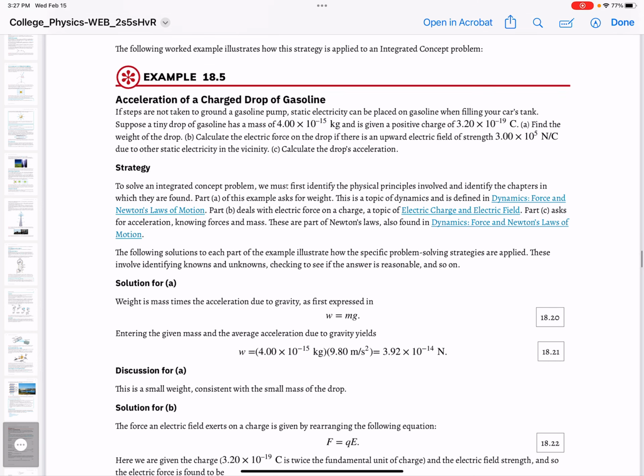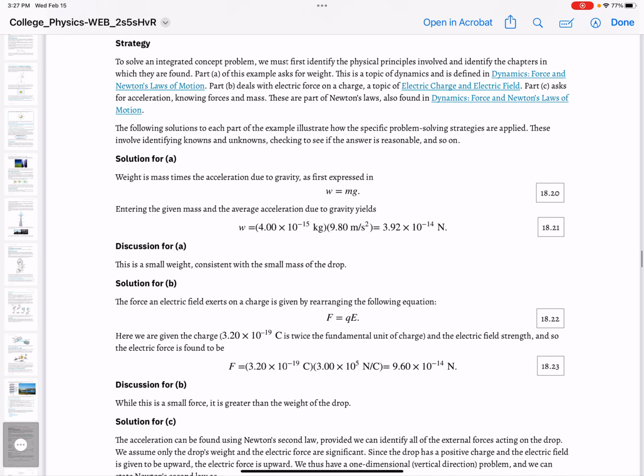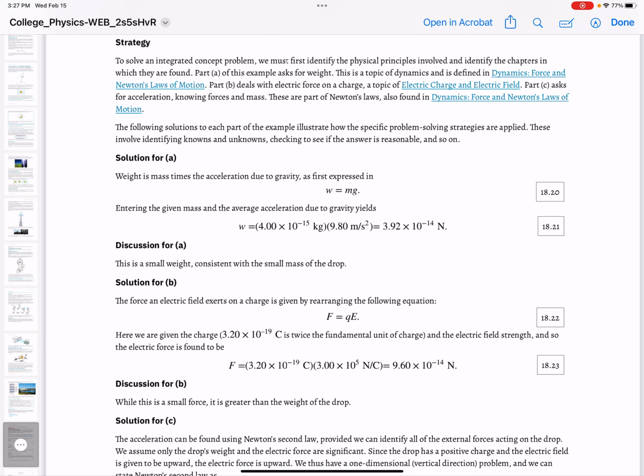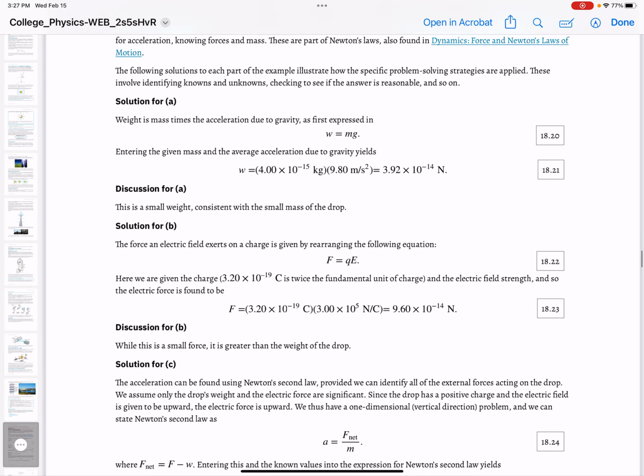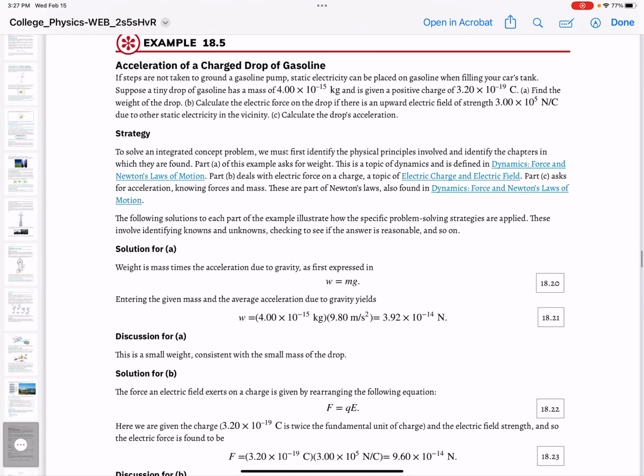So first thing, here we go. The weight is equal to mg, and that's a no-brainer right there. Hopefully you guys can easily do that. Second, the force from the electric field comes from F equals Q times E, and they gave us the field strength.